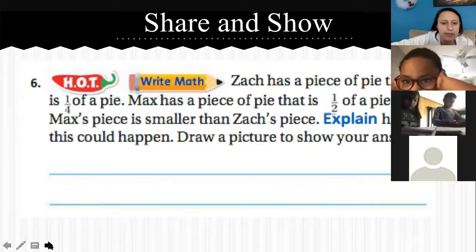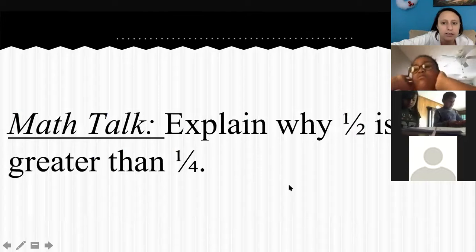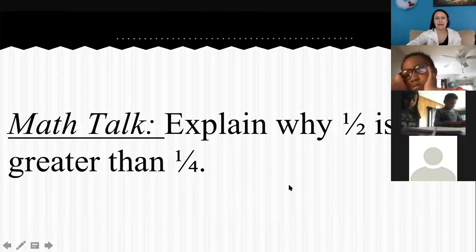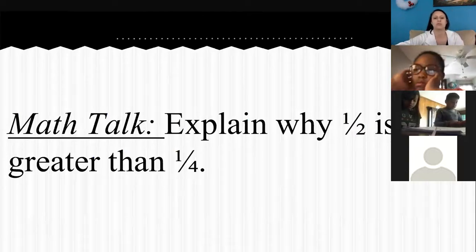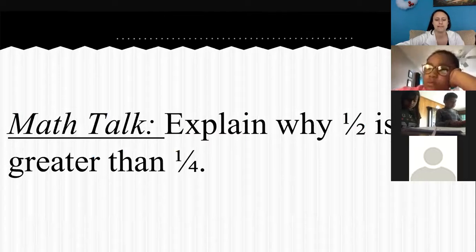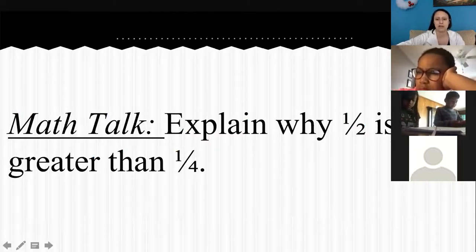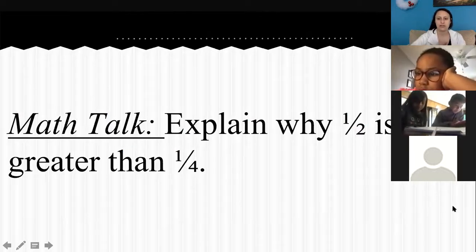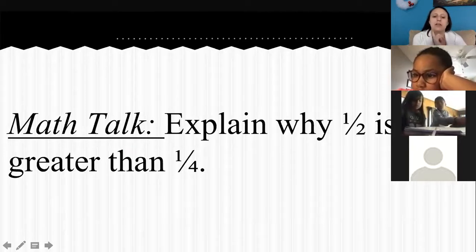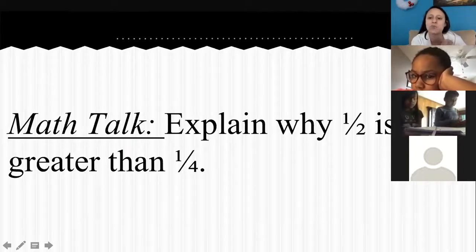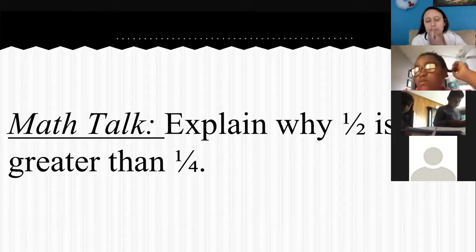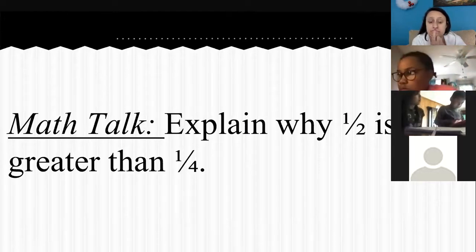Okay. And explain why 1/2 is greater than 1/4. Let's talk about it. I'm going to unmute everybody. Okay, you're all unmuted. Well, Abel's not. Oh, there he is. Let's talk. Why is 1/2 greater than 1/4?